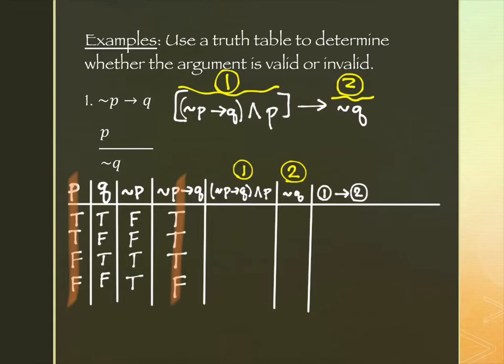That's the only time. So looking at the first row, I have true, true, so that is true. And the second row is also true, true. So it's true. But row 3 and row 4 have falses in them. In fact, they start out false with the P itself. So rows 3 and 4 are false.